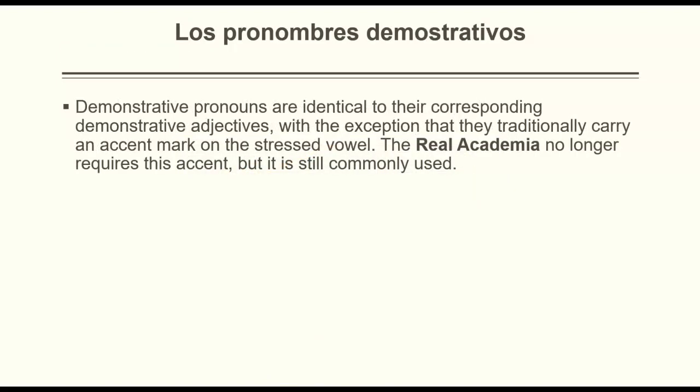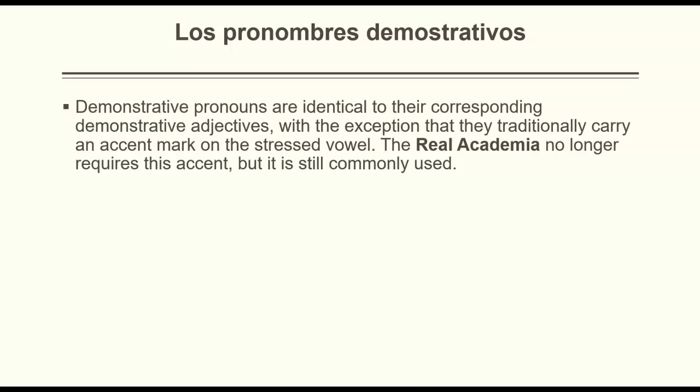Now, we also have demonstrative pronouns. And demonstrative pronouns actually are identical to their corresponding demonstrative adjectives, with the exception that traditionally they carry an accent mark on the stressed vowel. And the Real Academia, which is the one that decides proper Spanish, has decided that the accent mark is really no longer required, but however, it is still commonly used because that is what has always been used in the past.